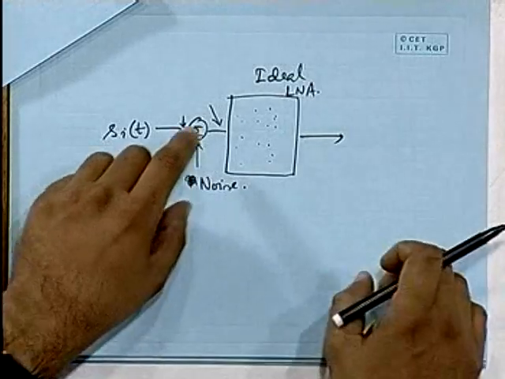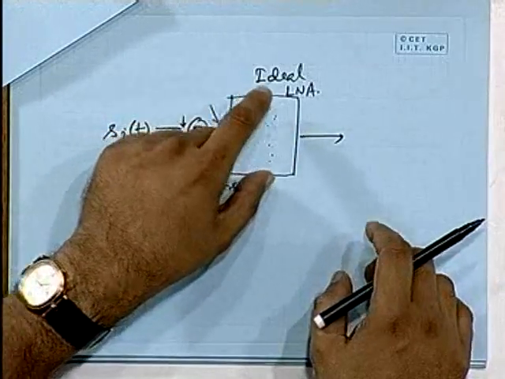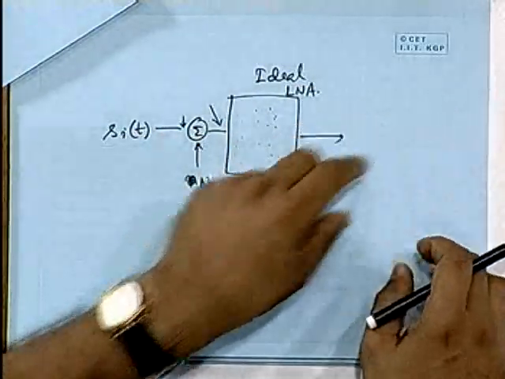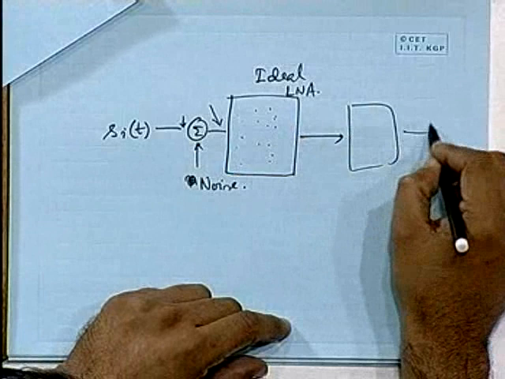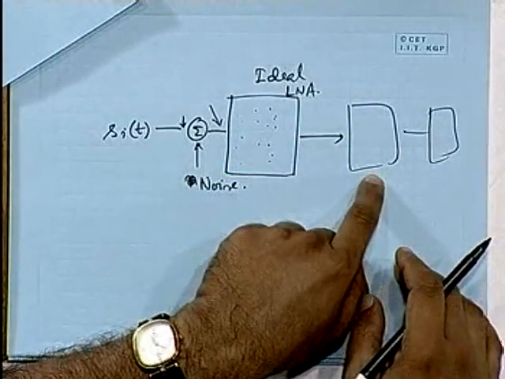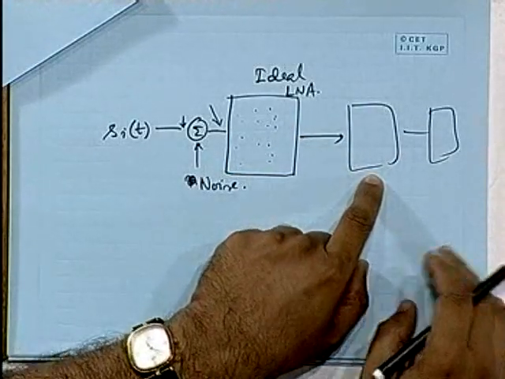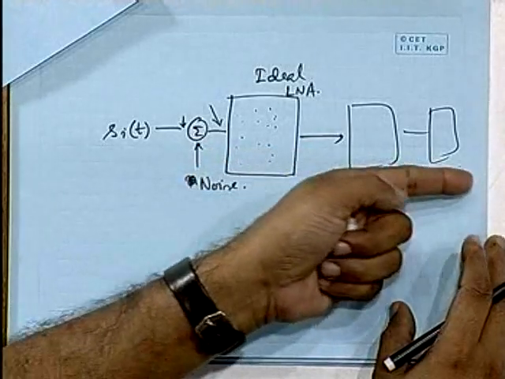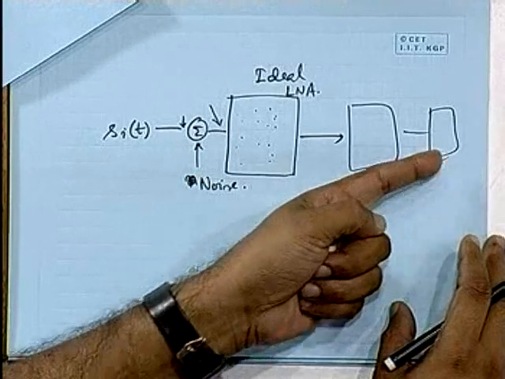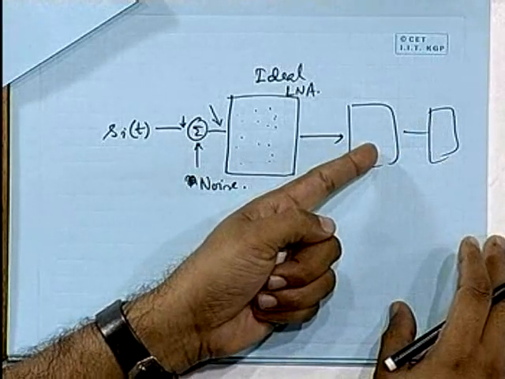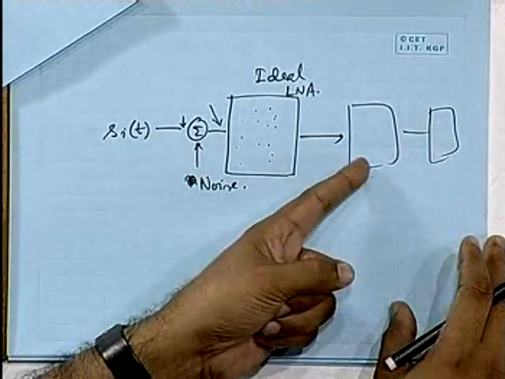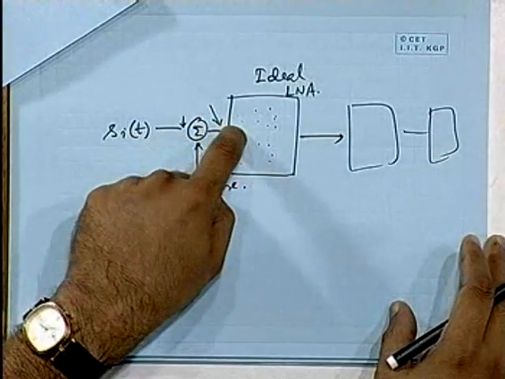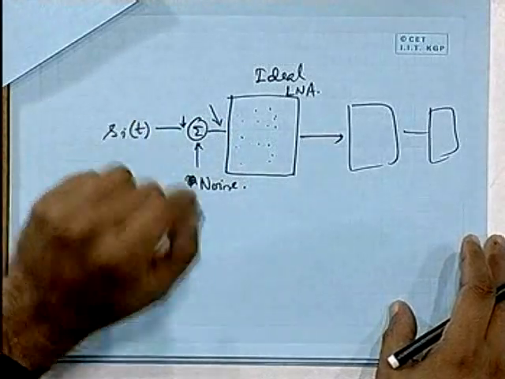Now, we have not talked about a cascaded receiver structure. It can be shown that as you go down the chain, the subsequent devices, you may have a mixer or frequency converter, down converter, some IF amplifier stages, etc. Each of these blocks generates noise, but the overall effect of their noise is much less compared to the noise generated in the very first stage, the LNA and the front end in the antenna.